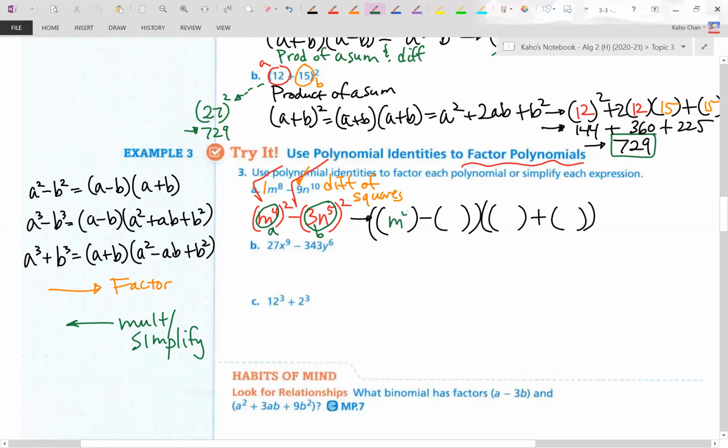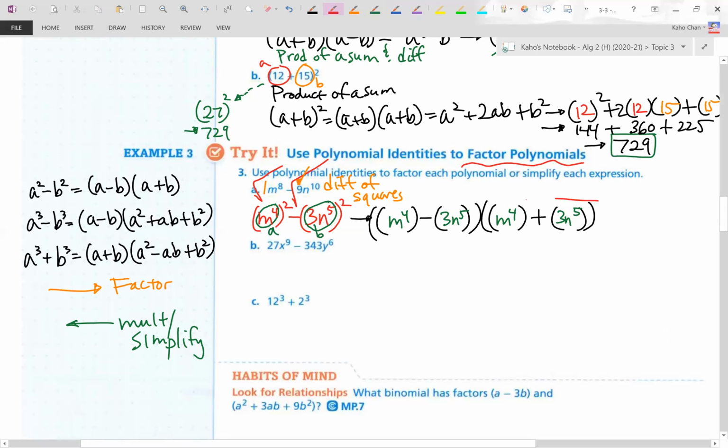A minus B times A plus B. And we just factored something that was very difficult because it was hidden. That is your answer right there.